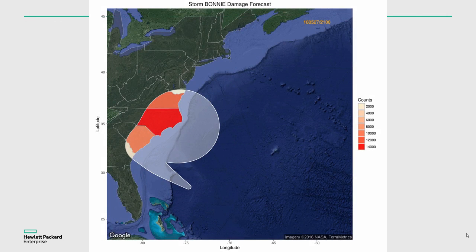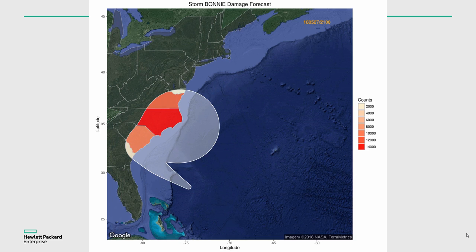So this is the result. From this picture, we can see the white polygon is the hurricane impact zone. At this time, we can see North Carolina has the most impacted properties falling into the hurricane zone.